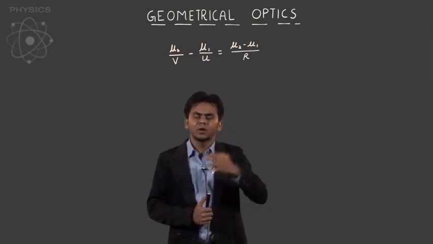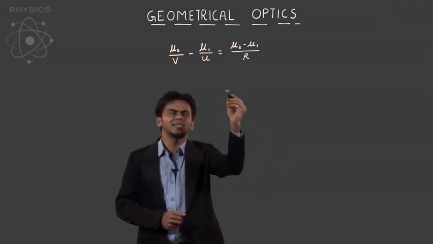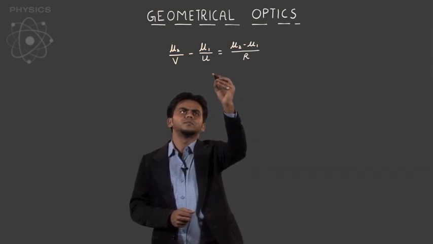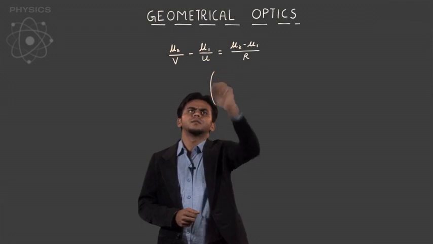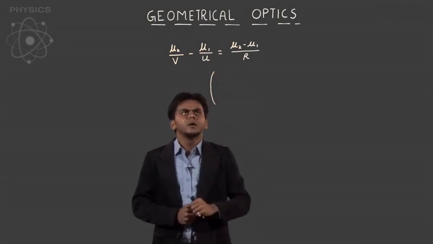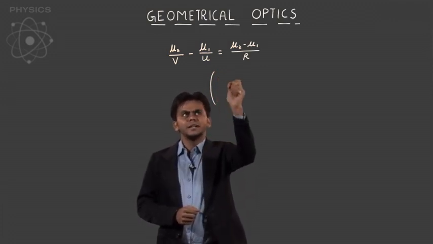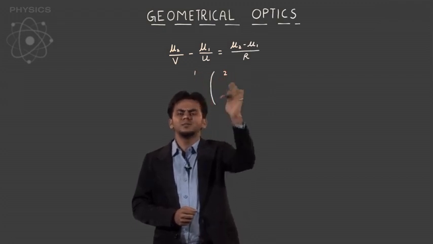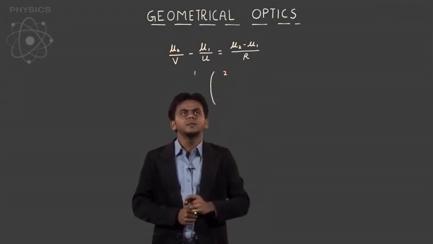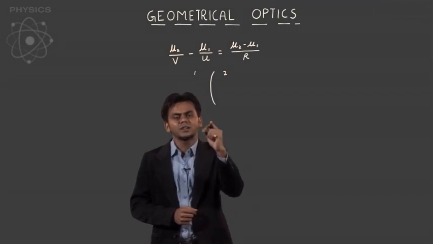By first and second, what I mean is, let's say this is your interface, a spherical interface, and this is my medium 2, this is my medium 1, and both these media essentially are having different refractive indices.